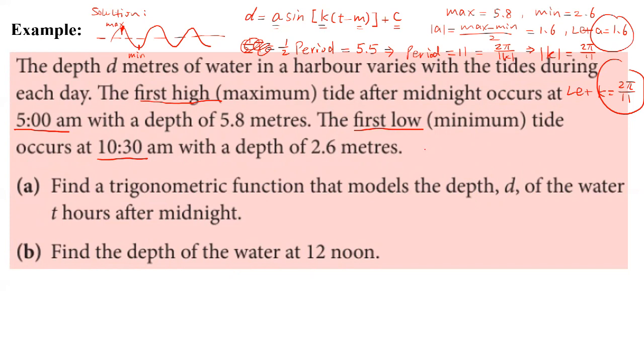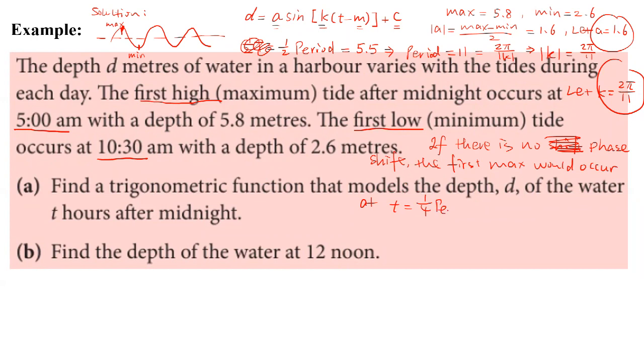Next, let's consider the phase shift. First of all, if there is no phase shift, we know that the first max would occur at t equals 1/2 of the period, which is 2.75.